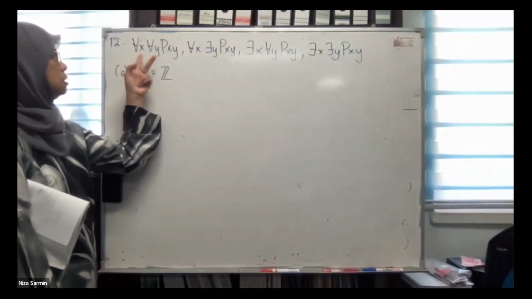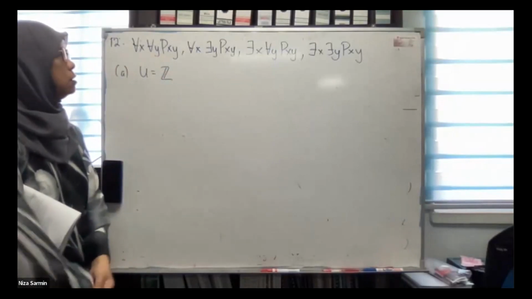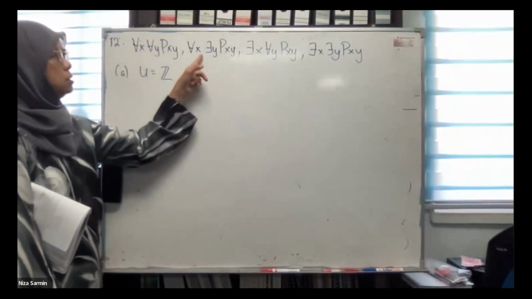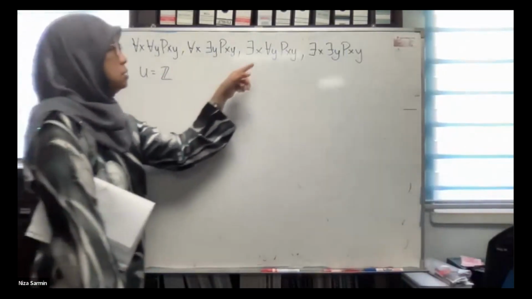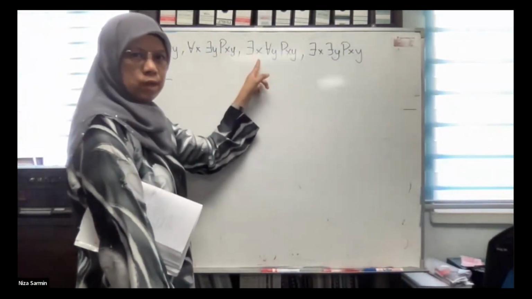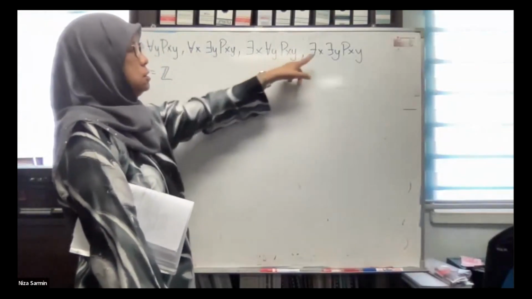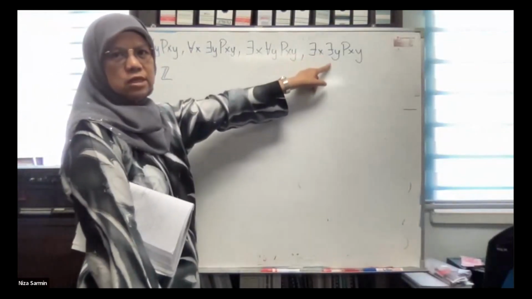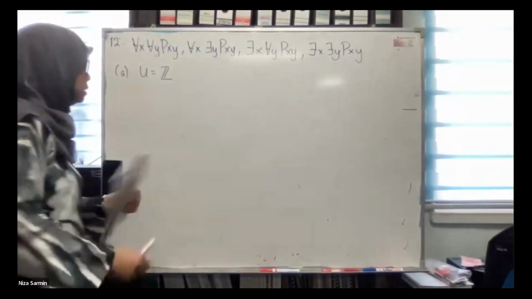This means this is true for all x, for all y. This means for all x, there is a specific y. This means you choose one x and it's true for all y. This is also the easiest one. At least there is.